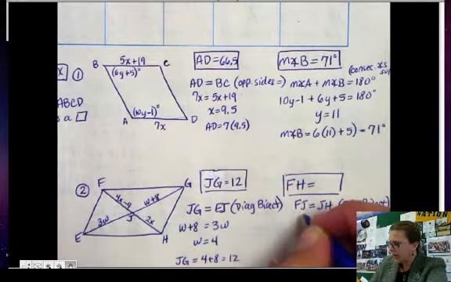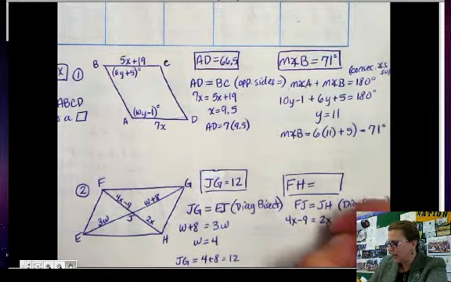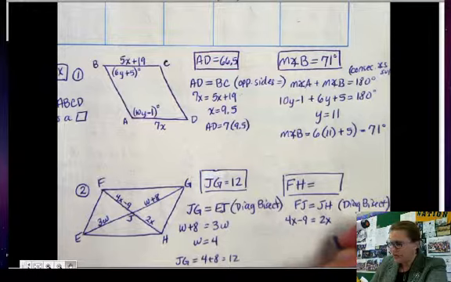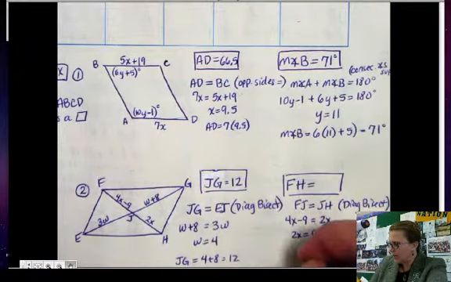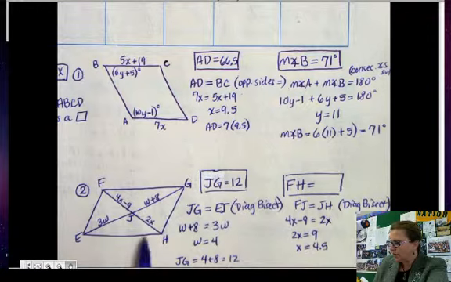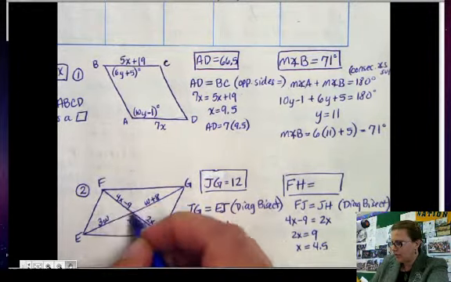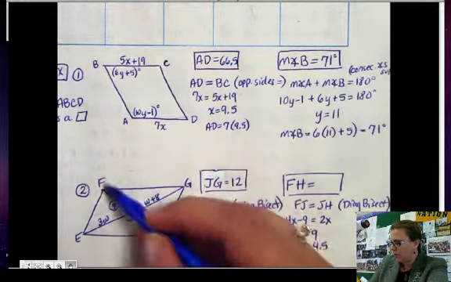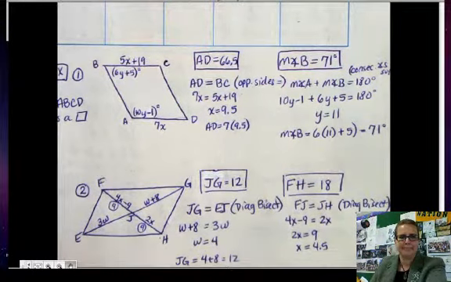So FJ is 4x minus 9, JH is 2x, and so we get 2x equals 9, so x equals 4.5. So this side here is 4.5 times 2, which is 9. And so this is also going to be 9, which means the whole thing, FH, is 9 plus 9, which is 18. Okay? So there we go.